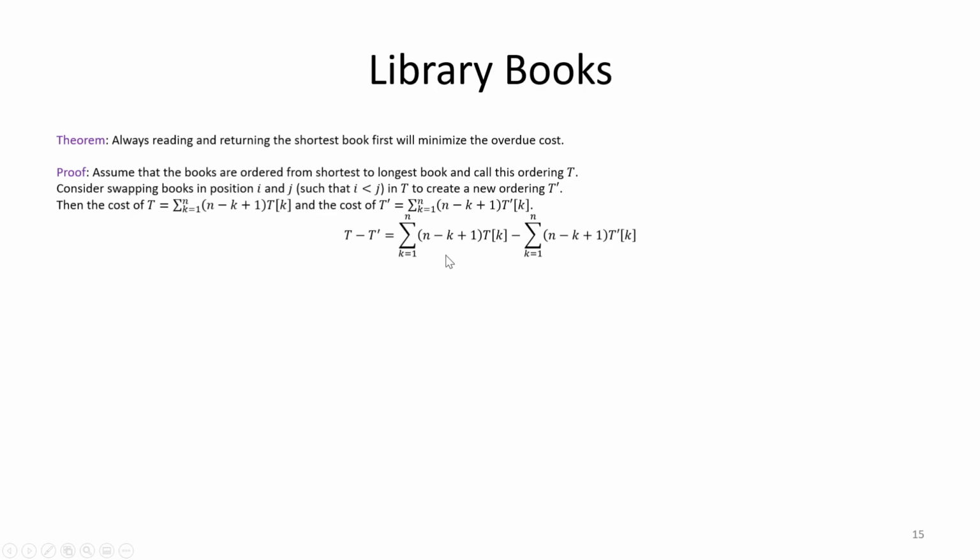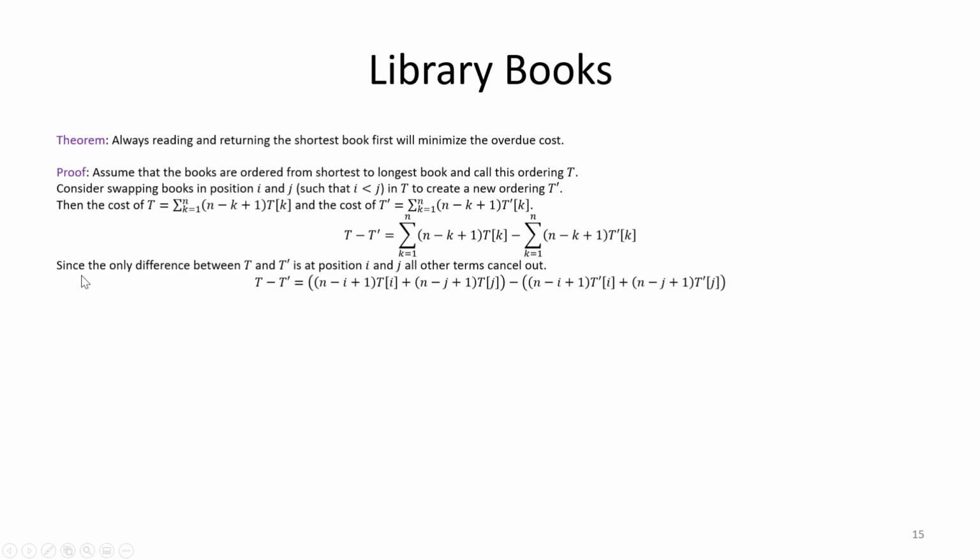Well, let's remember that just like in some of our previous proofs, most of these books are at the exact same position. So all these terms for the books that are in the same position are going to cancel out. You know, we might have 5 minus 5 or 10 minus 10 and so on. Those are all going to cancel out. But the only ones that are not going to cancel out are position I and J. So let's look at I and J. Okay, so that's the next bit here.